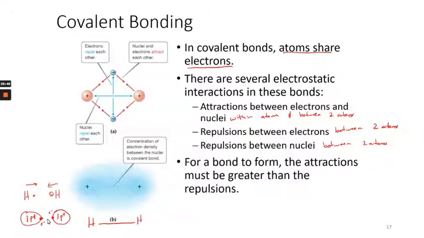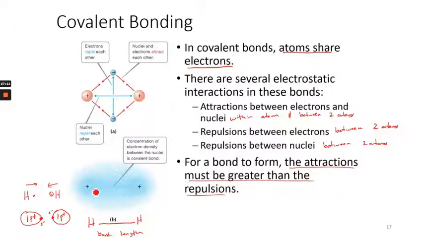And then if you get too close together, this proton will repel this proton. So because of that, there is an ideal distance between these two, and that gives you your bond length. So a bond forms because the attraction must be greater than the repulsions.